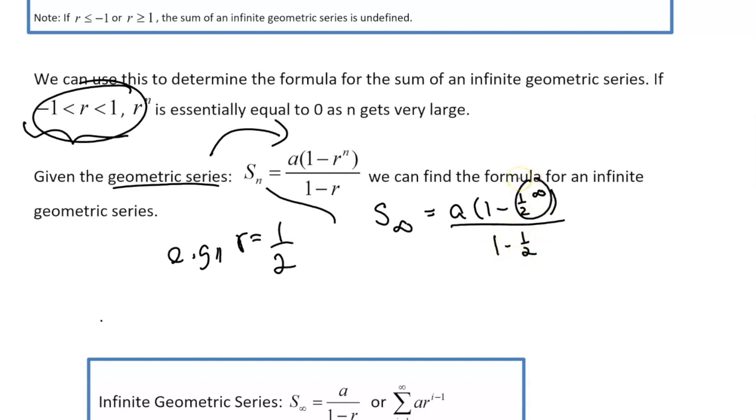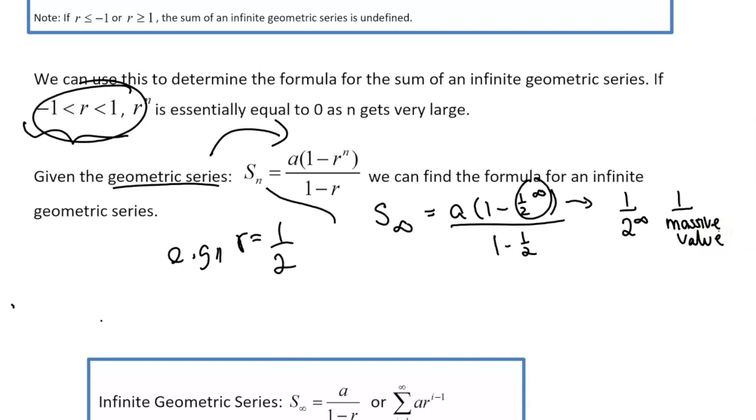What would happen to this 1/2 to the power of infinity? If you take 1/2 times 1/2 times 1/2 times 1/2, you're going to get something that's the same as saying 1 over 2 to the power of infinity, which would be 1 over some sort of massive number.